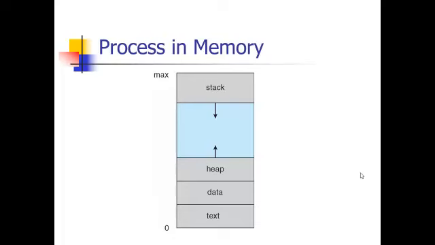So the heap manages the memory allocation, that is dynamic memory allocation. And the program or process code will be stored in the text area. That is how a process is initiated and managed by an operating system.